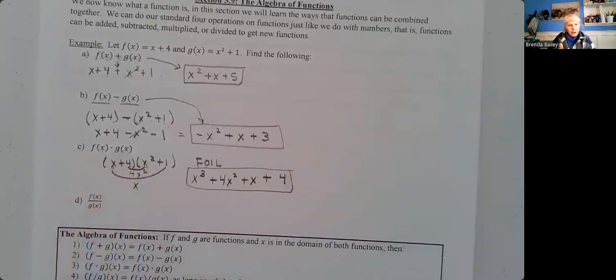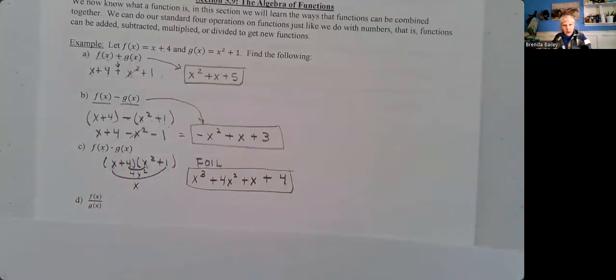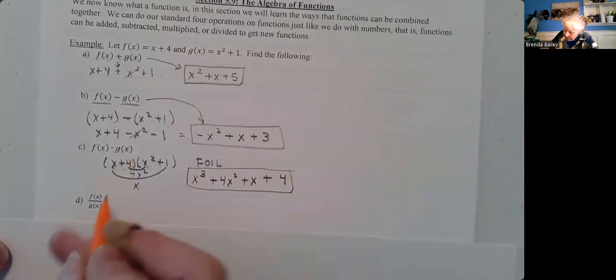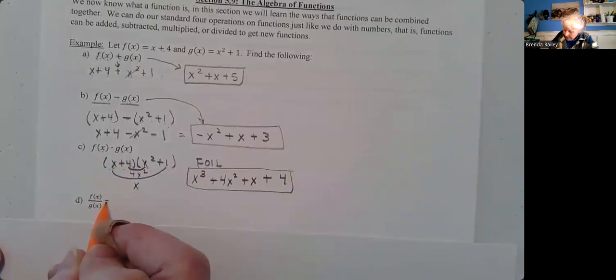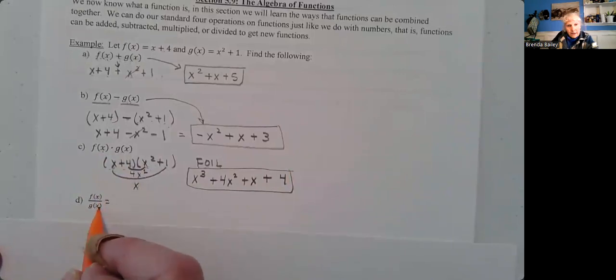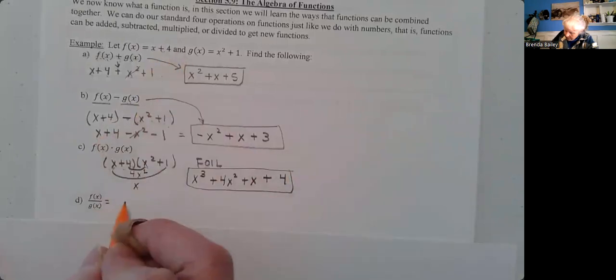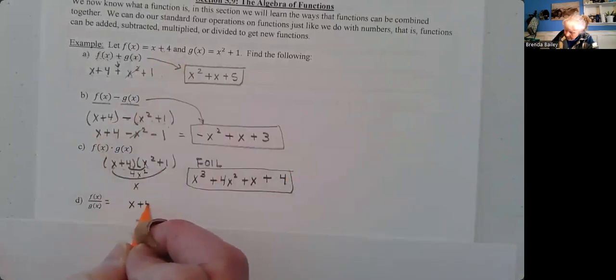Let's do our last one here, division. And I'm going to cover up some of this. All right, so this we're going to take f of x divided by g of x. Now, f of x is x plus 4. G of x is x squared plus 1.